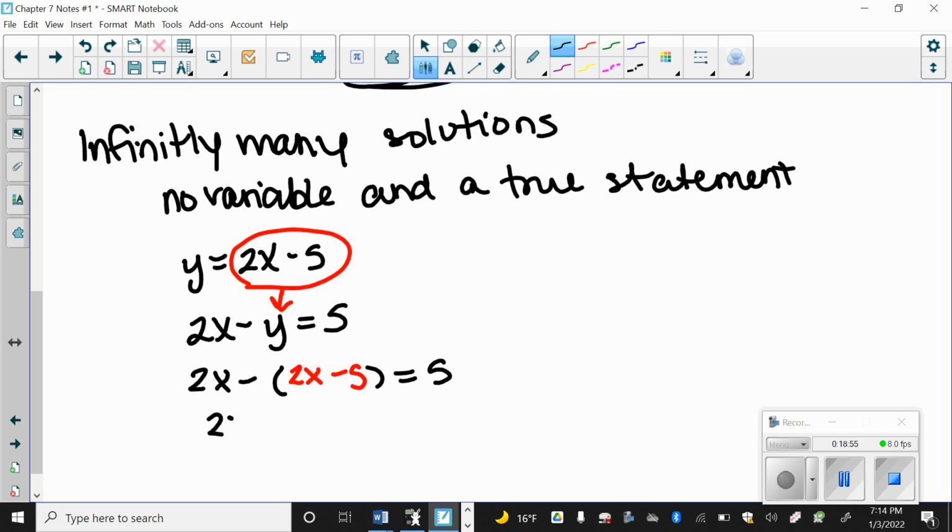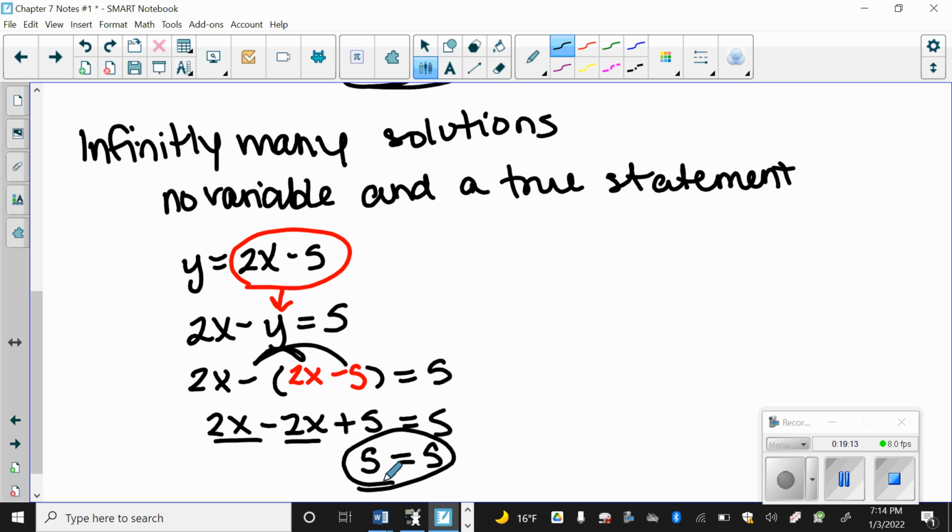So we get 2x, distribute that negative, that gives us now negative 2x plus 5 equals 5. Combine those like terms, positive 2x plus negative 2x is 0, so we're left with 5 equals 5, which is a true statement, therefore infinitely many solutions.